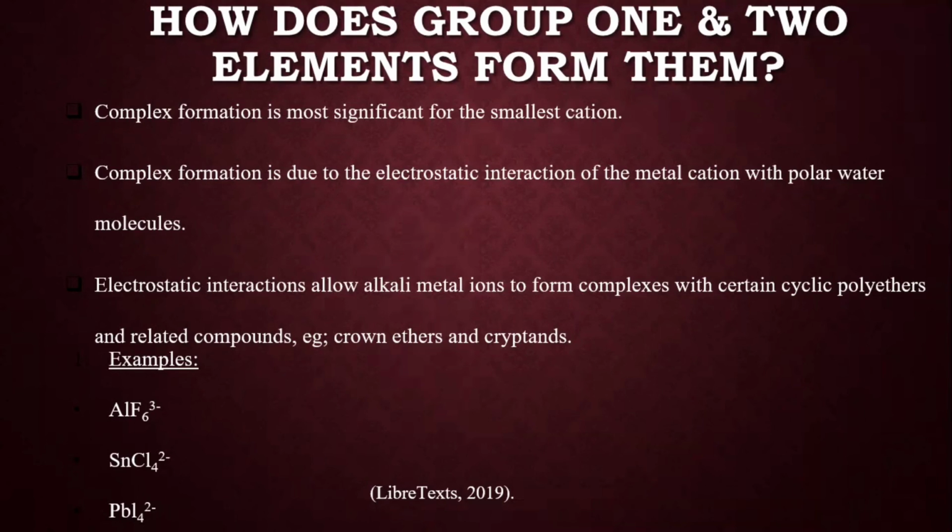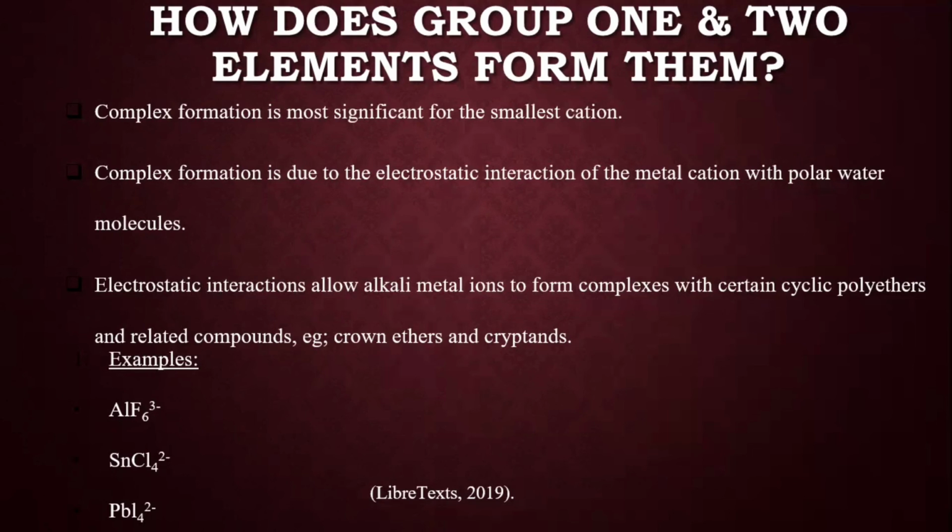Hence, electrostatic interaction allows alkaline metal ions to form complexes with certain cyclic polyethers and related compounds. Examples may include crown ethers and cryptands. Some examples are shown below.